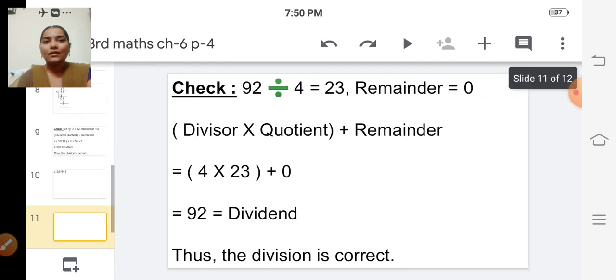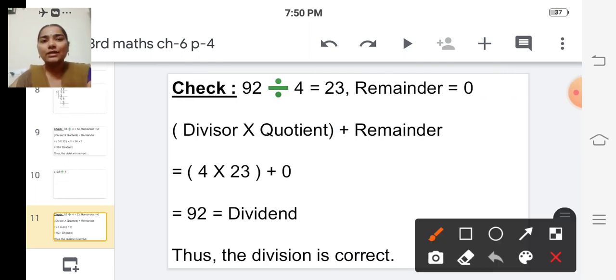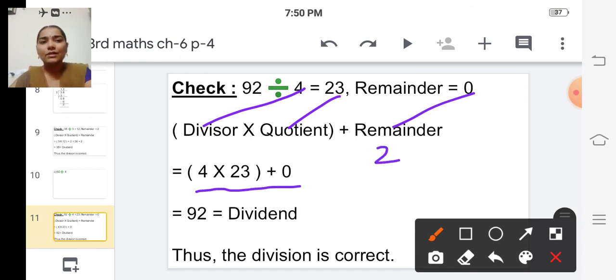Okay. So 92 divided by 4 is equal to 23. 23 is the quotient, 4 is the divisor, 0 is the remainder. So 4 into 23 plus 0. So shall we multiply 23 into 4?